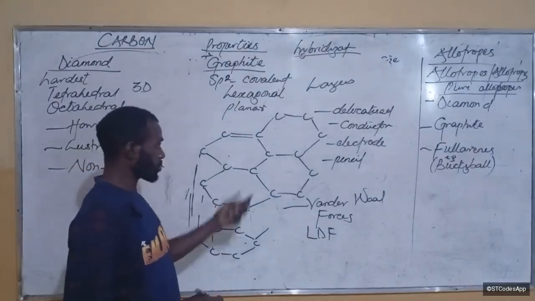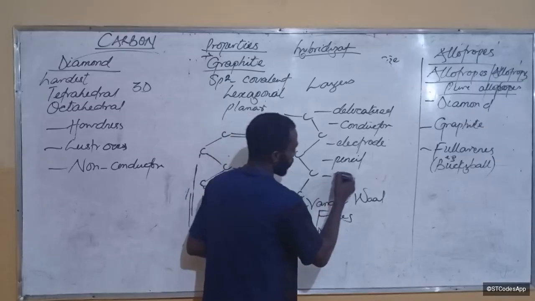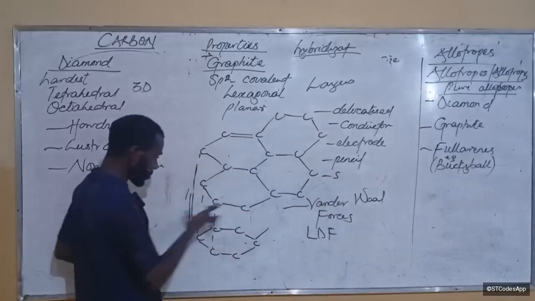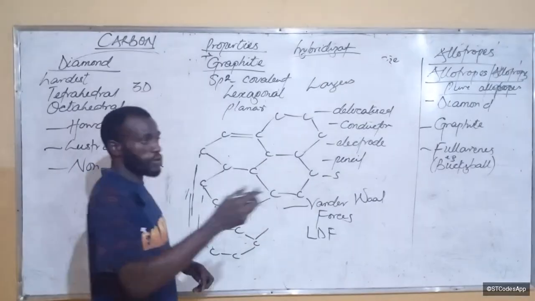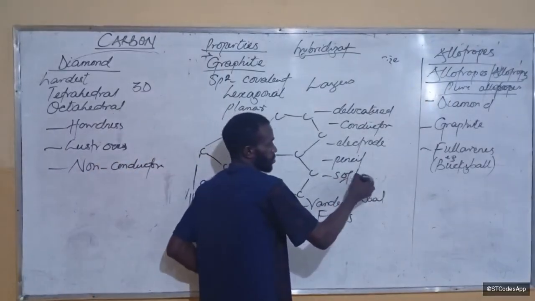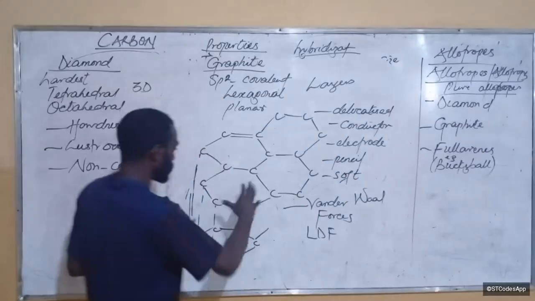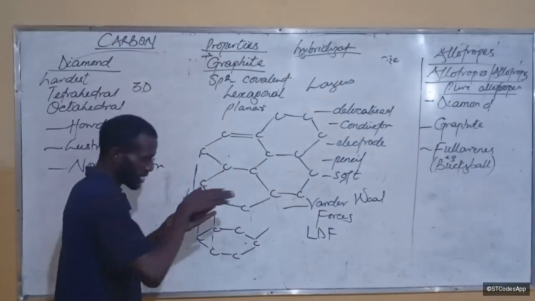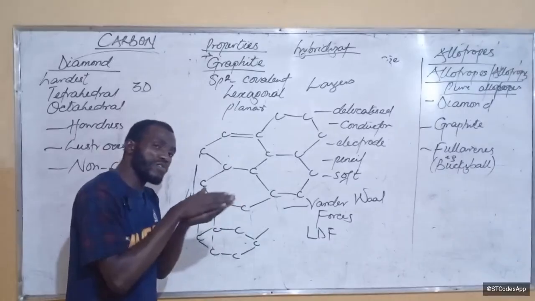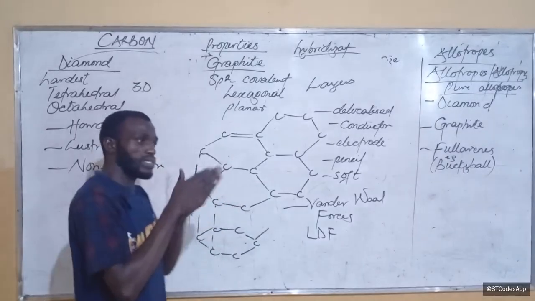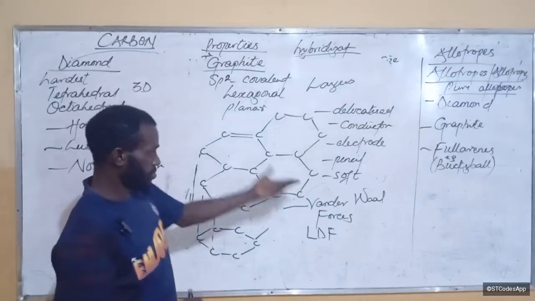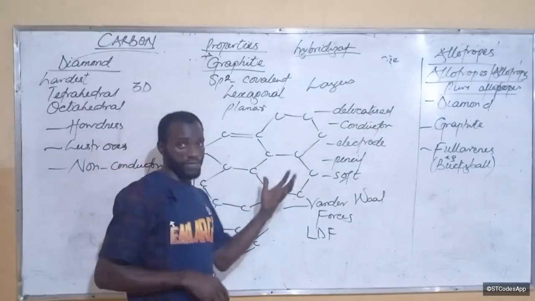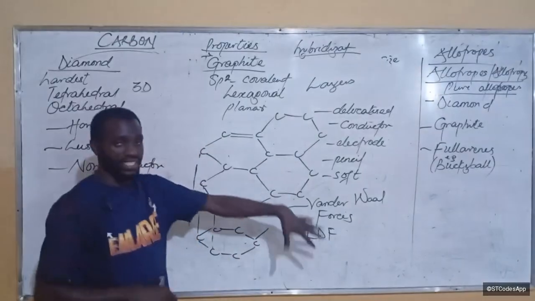And it is for this reason, because there are weak forces here, that it is soft to touch. The layers can move over each other. They can slide over each other. Do you understand? So there are weak forces holding the layers together.